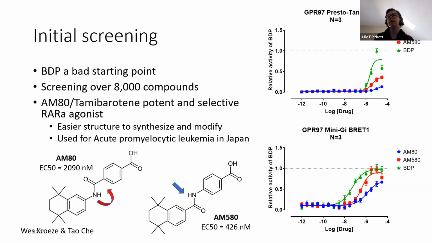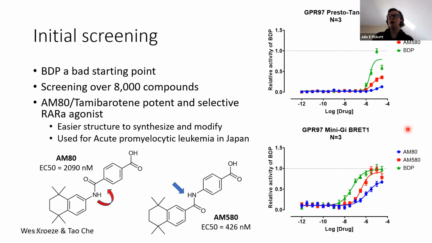In this case, our predominant secondary screening assay is what's shown below, this mini Gi construct assay that uses BRET1 signaling. You can already see from these two that the EC50s can be quite different. I try to note which assay an EC50 is coming from, but if you see a jump, it might be because I'm going from, say, the Tango assay to the mini Gi assay. So just something to keep an eye out for.